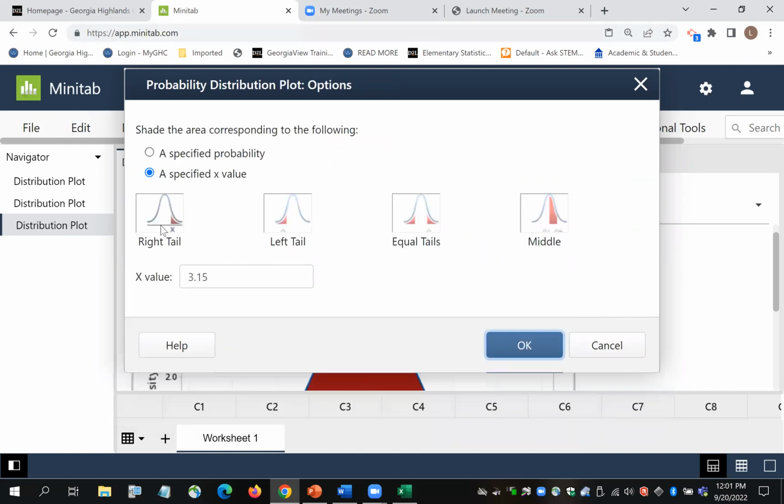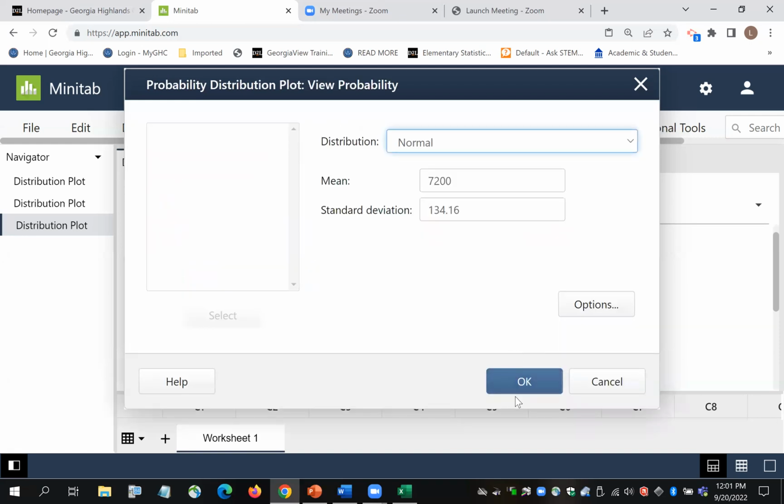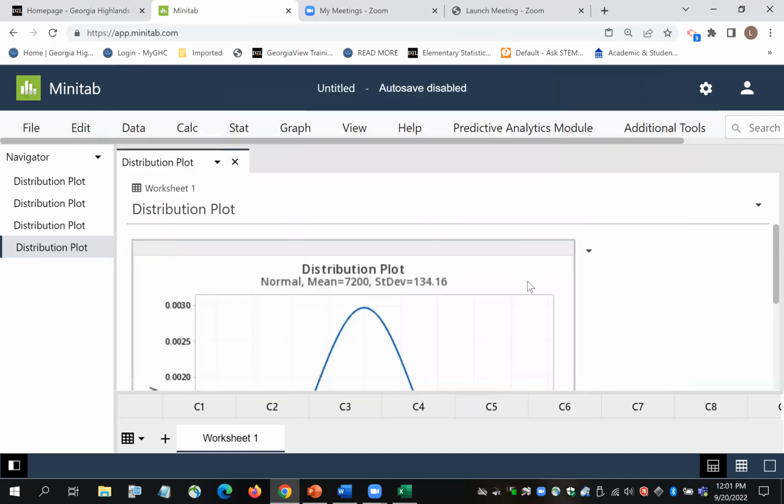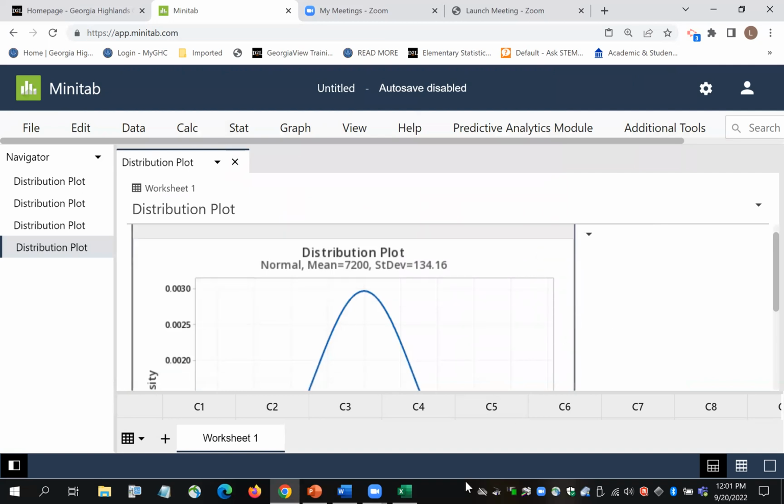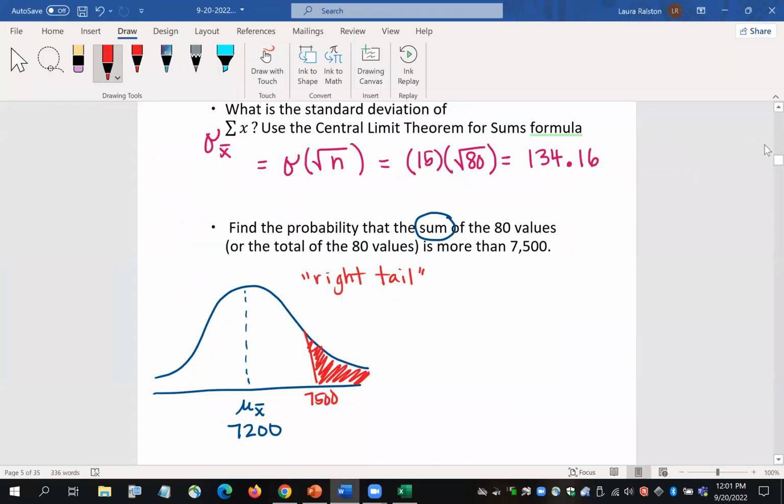My options, it is a right tail, and my value was 7,500. Same process you've been doing. Don't overthink it. Okay, and we get this graph. Let me copy it over here where you guys can see it.